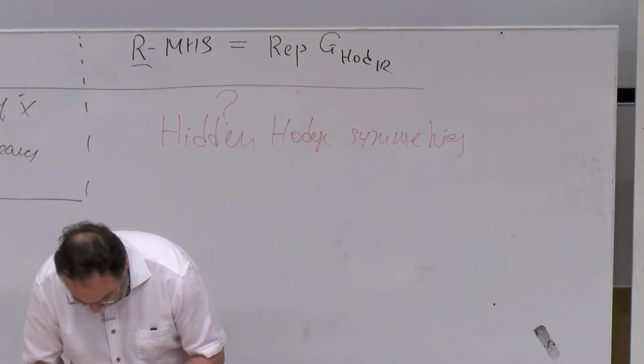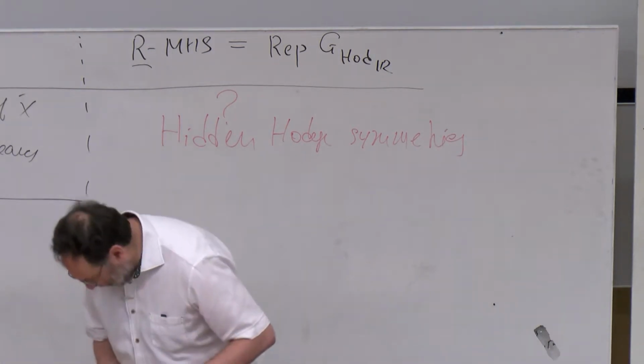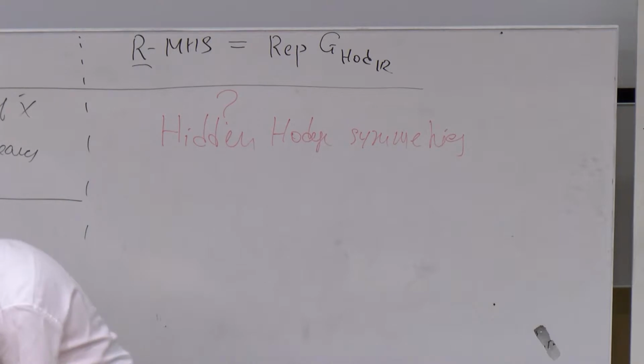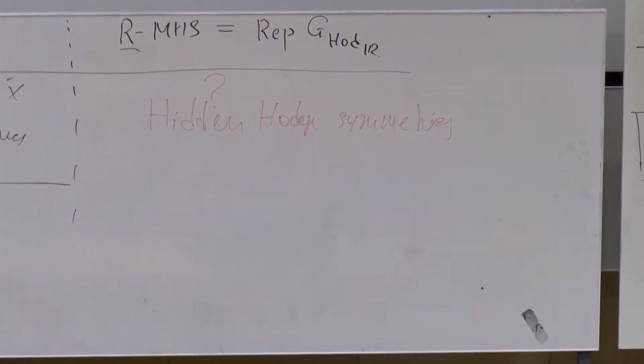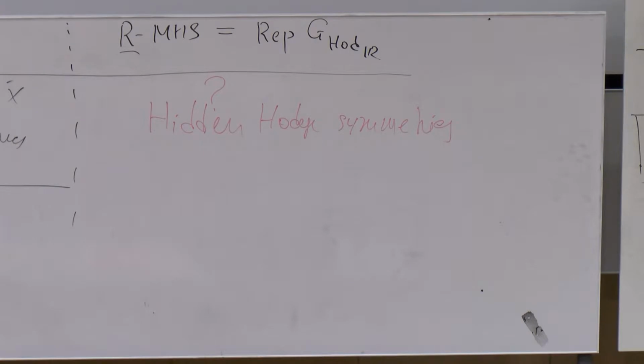Now, I just wanted to remind that the way things were developed, the analysis was first. First of all, we had Hodge theory, and then l-adic theory was developed. So now it's kind of going backwards, and we don't quite know what to put here.